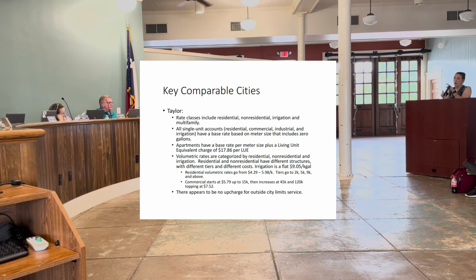So to do an overall 43% increase, if we adopted Taylor's rates, the share of revenue paid by residents would go from 51% to 43%. The share paid by businesses would stay the same. The highest single number group, people using about 1,000 gallons, their bill would go up by less than $4 a month.